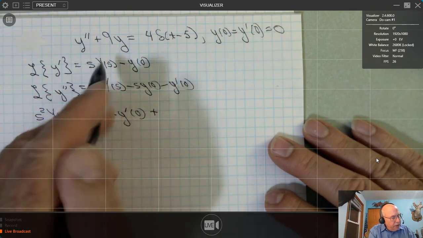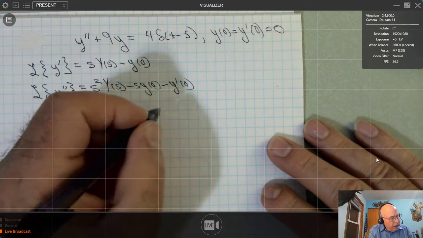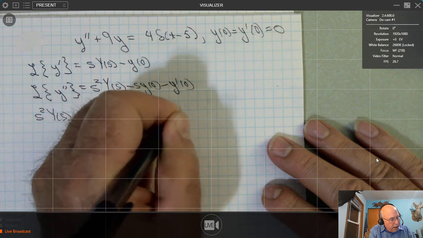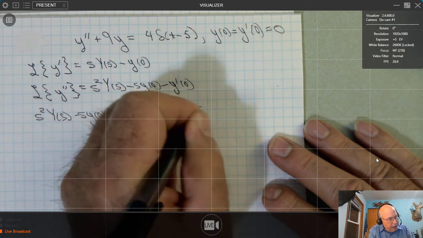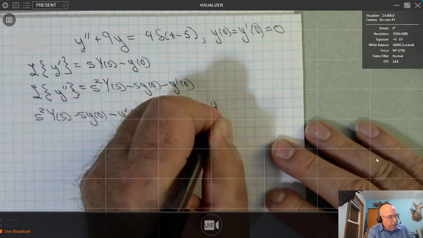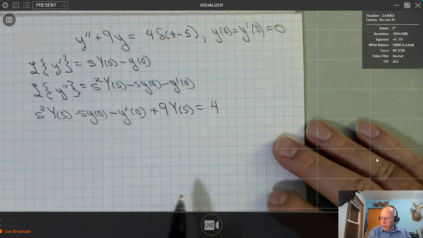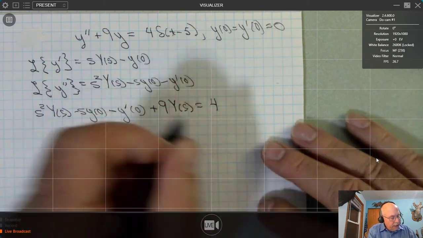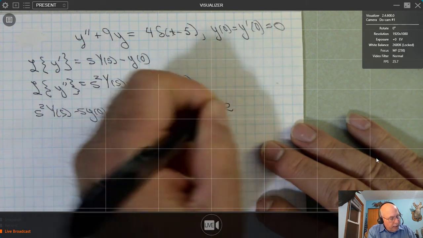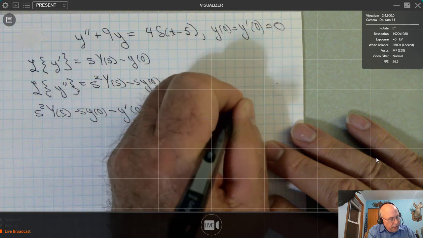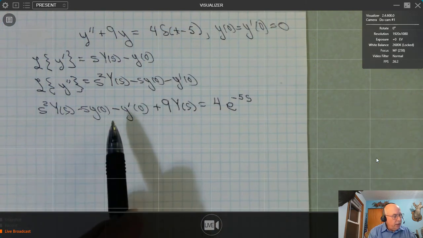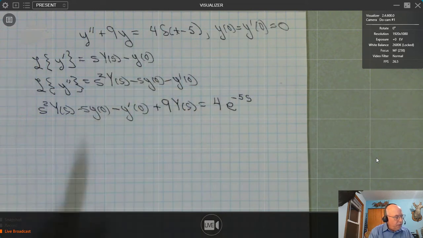Then the transform of 9y of t is 9 times capital Y of s. And then I've got 4 times the transform of delta t minus a, and the transform of delta t minus a is e to the minus as. So there is the transform version of my initial value problem.